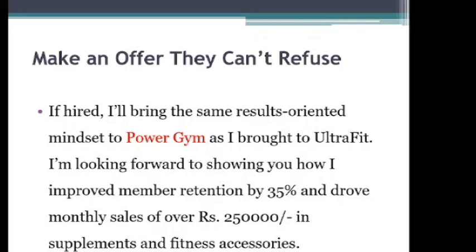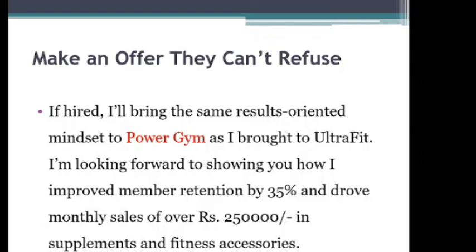And you can make an offer that no one can refuse. Something like this, you can mention: "If I am given a chance, I will prove myself and increase the sales." Something like this you can put forward so that they have to rethink before they reject you.